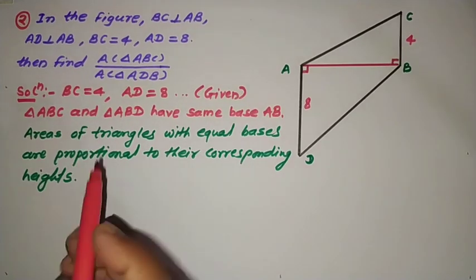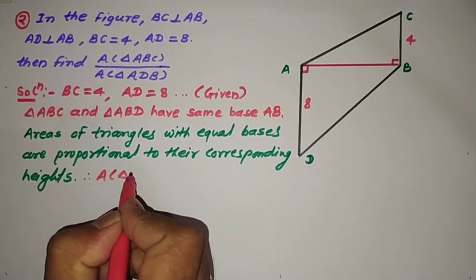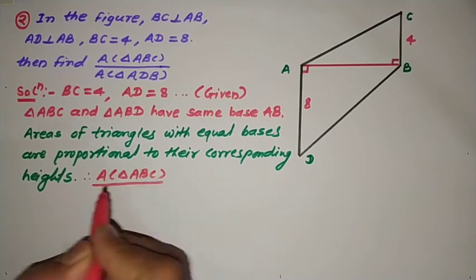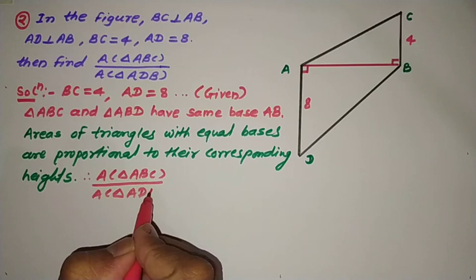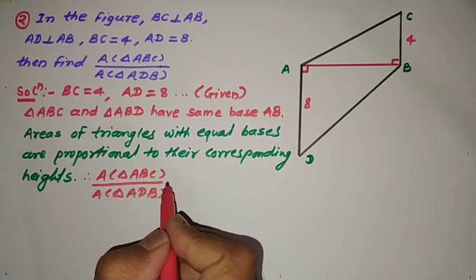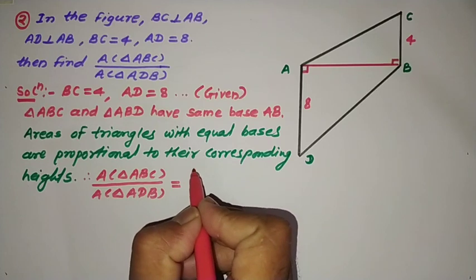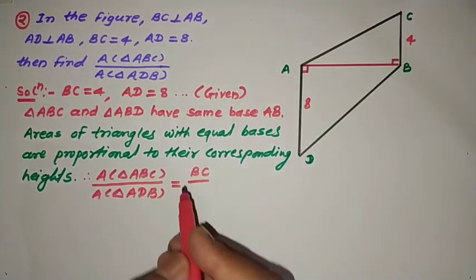Therefore area of triangle ABC upon area of triangle ADB, the corresponding height of triangle ABC is BC and of triangle ADB is AD.